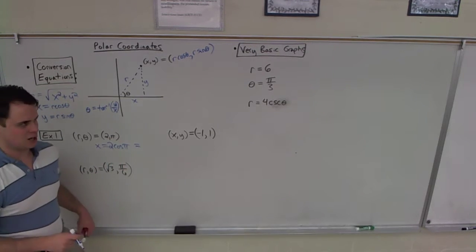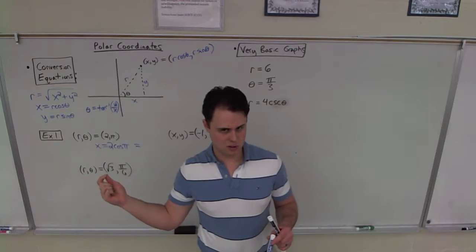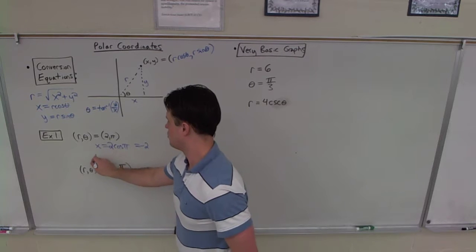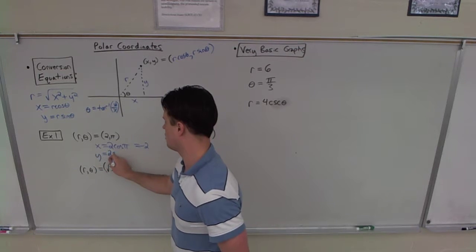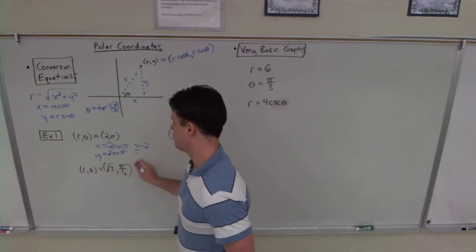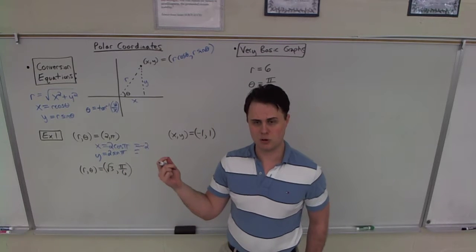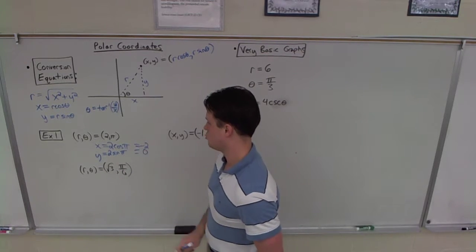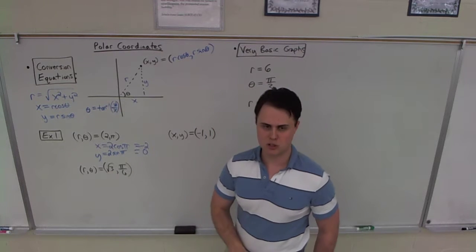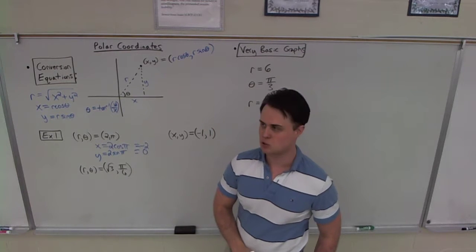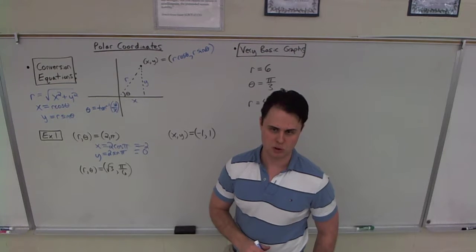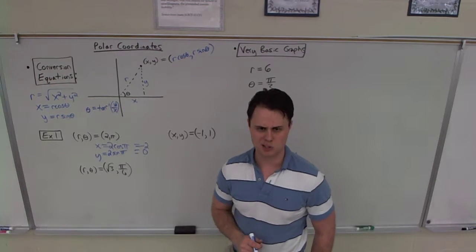What's the cosine of pi? It's -1. The x coordinate over here is -1, so that's -2. Same thing with y: the sine, or the y coordinate at pi radians, is 0, so that is 0. So in Cartesian coordinates, the polar point (2, pi) is x equals -2, y equals 0, so it's over there. That should make sense, I think.